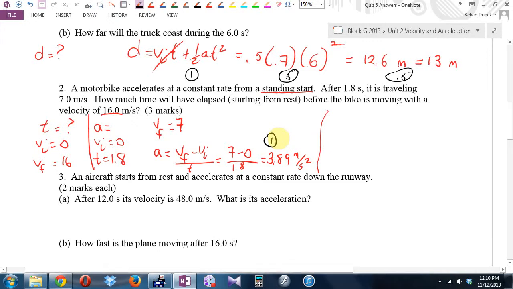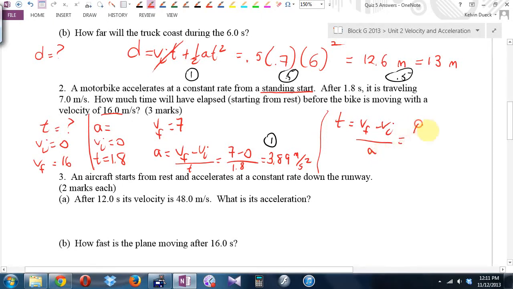Now I can find time. Time is going to be V final minus V initial all over A. And you'll notice I'm at the point now where I'm actually rearranging these formulas without writing down the original. You don't have to. You can plug in numbers if you want. It's worth learning this shortcut, though.